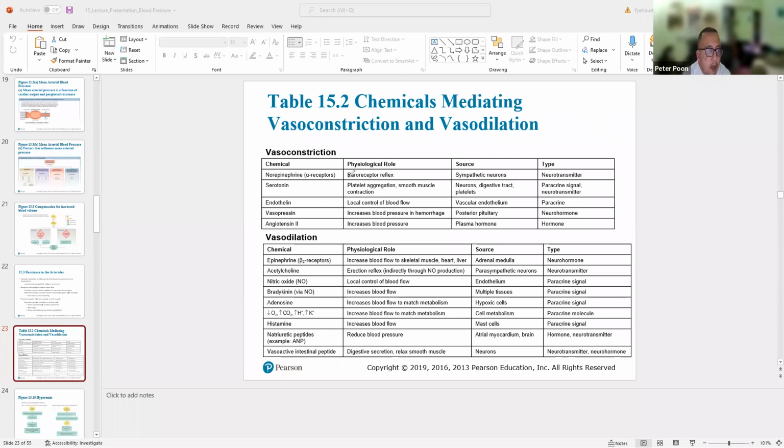Norepinephrine, definitely important. Vasopressin, angiotensin 2. These are the most important vasoconstrictors. The vasodilators: epinephrine, nitric oxide, histamine.